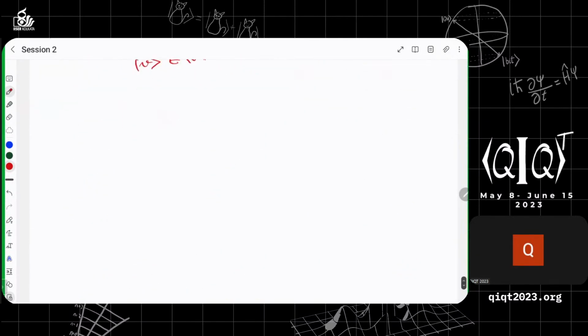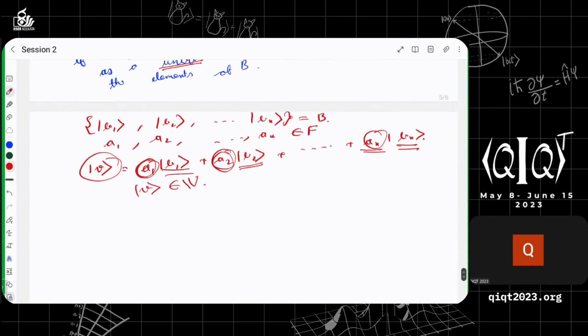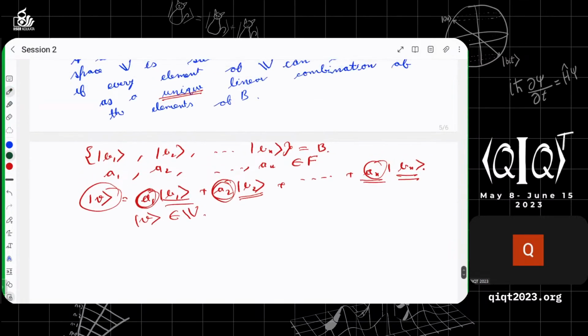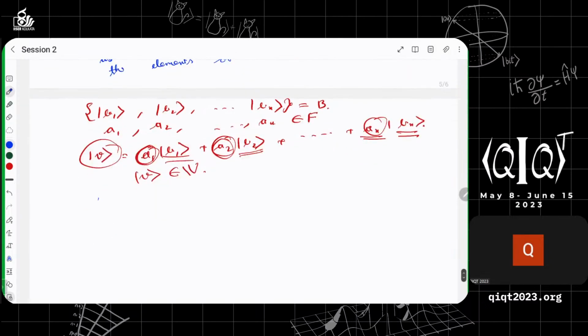Okay, so that's what a basis set or basis is. Now, we can have different types of bases. For example, let's look at the basis that we just discussed, which was x, y, z. So in this basis, x, y, and z, they're all orthogonal to each other. They're all perpendicular to each other.